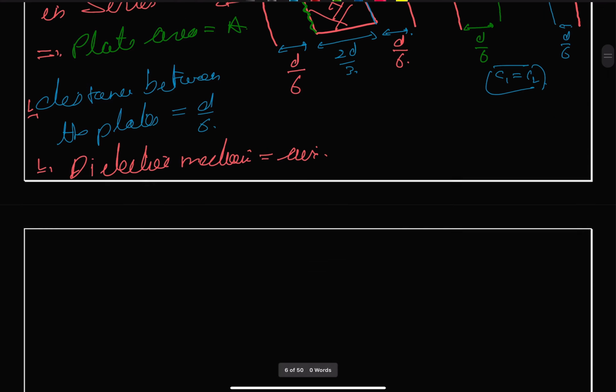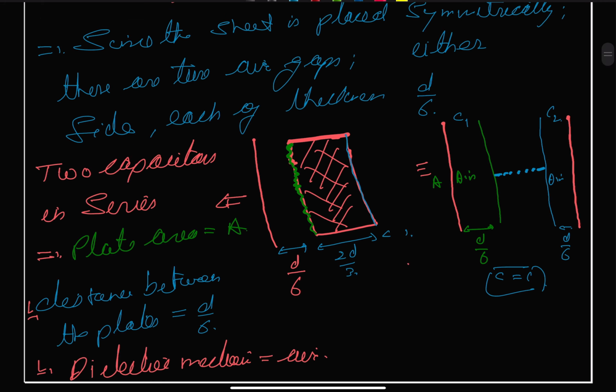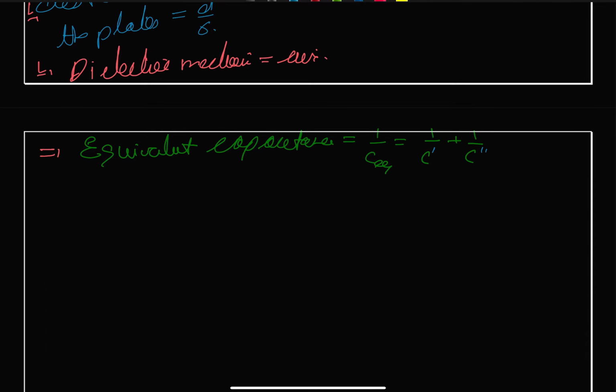Since C1 is already given to us, let me name them differently: C prime and C double prime, which are equal. The equivalent capacitance, 1 upon C equivalent, is 1 upon C prime plus 1 upon C double prime, which is twice over C prime, so C equivalent is C prime by 2.